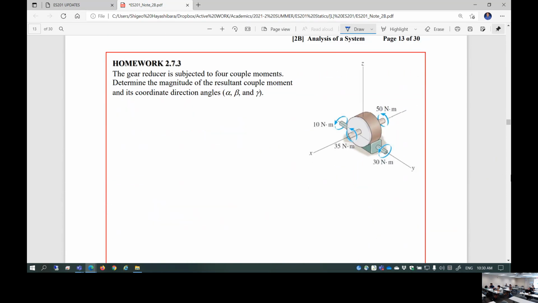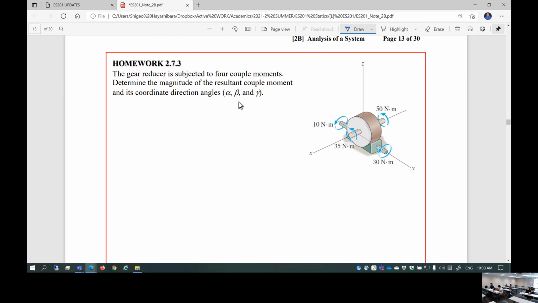Then homework 273: the gear reducer is subjected to four couple moments. Determine the magnitude of the resultant and its coordinate direction angles. Do you remember that? Coordinate direction angles of the resultant moment. Moment is a vector. The direction has three direction cosines, alpha, beta, gamma. You can apply the same direction cosine equation as you did with force, because moment is also a vector, just like force.